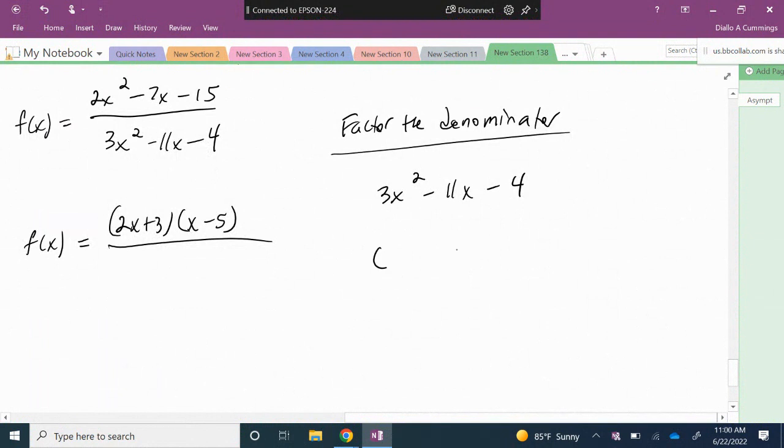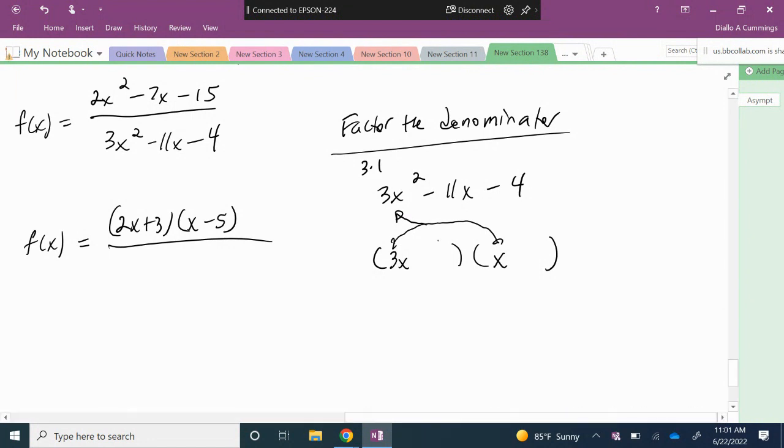Here again, I'm going to make 2 parentheses. Whatever I put in as the first terms must multiply to give us a 3x squared. The only way we can get a 3 is 3 times 1. So I'm going to put 3x in the first set and x in the second set.